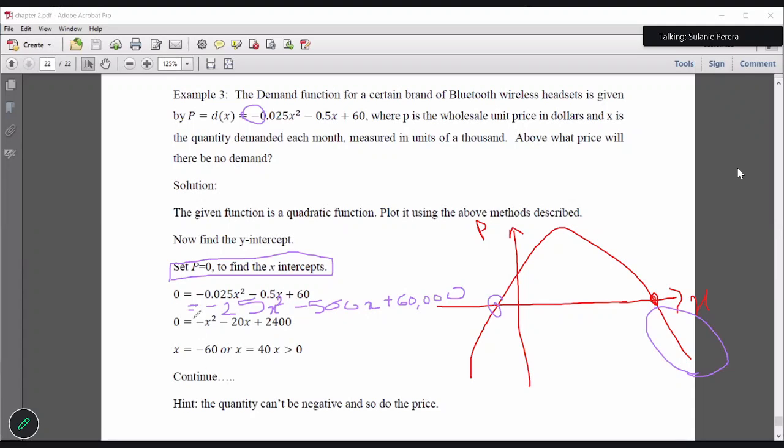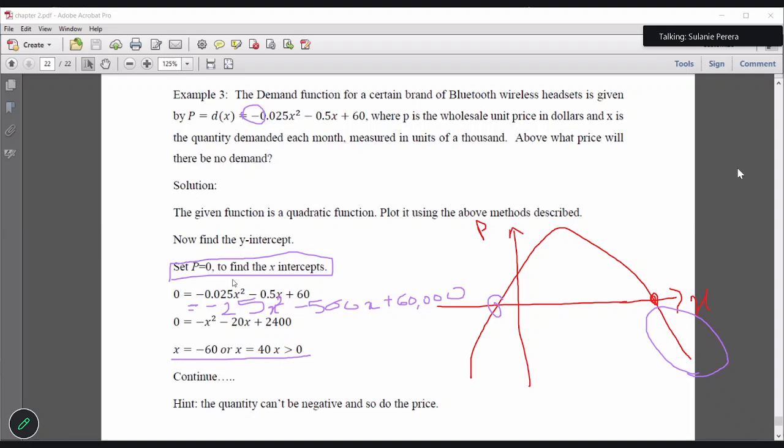Now you can divide all the terms by 25. So if you divide by 25, you get minus x squared minus 20x plus 2,400. And using one of the methods that you have learned, you can find the two x-intercepts.